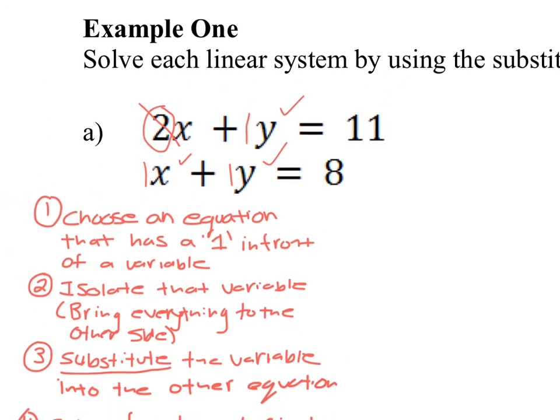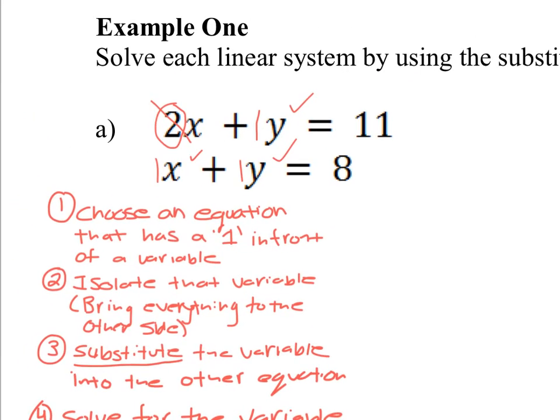So my first step is to choose either the 1y from my first equation or the 1x or 1y from my second equation. For step number 1, I'm going to choose the second equation. x plus y equals 8. And I'm going to choose to isolate for x.